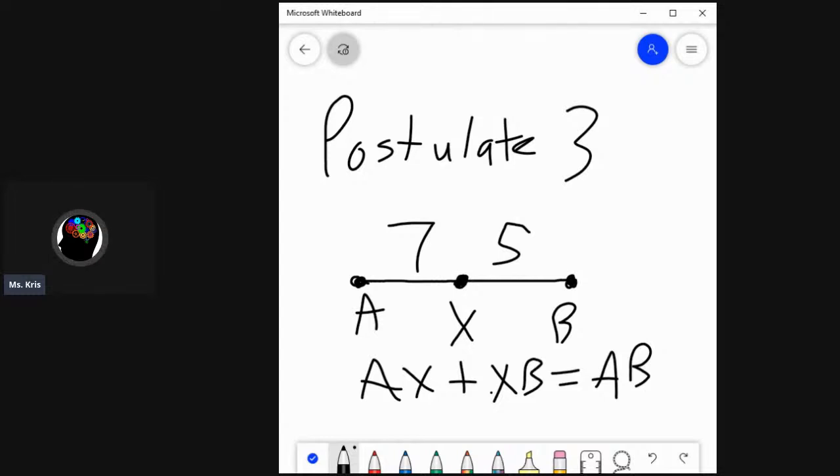So 7 plus 5 gives me my total segment measure, which is 12. So this postulate lets you know how to add your segments if you have 3 points. Any questions on postulate 3?